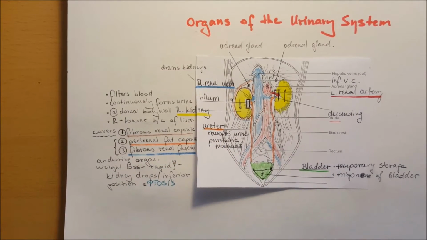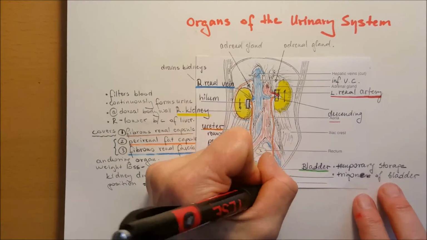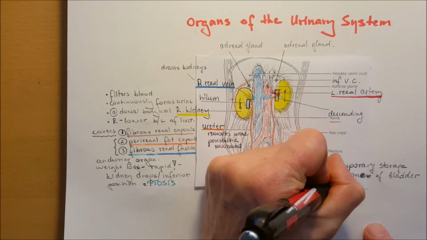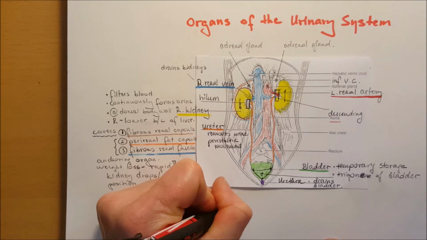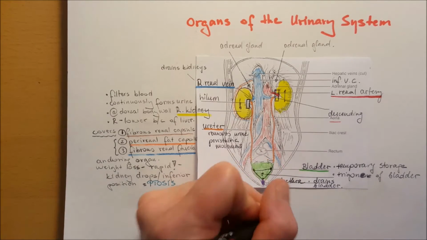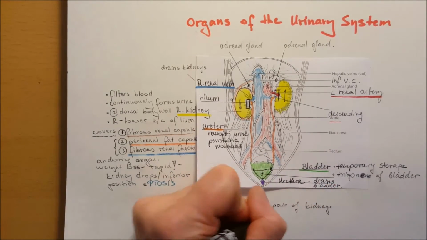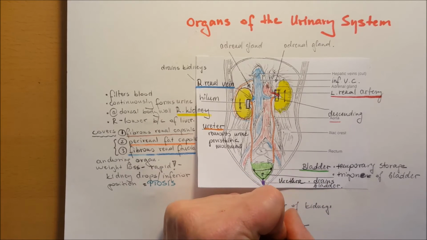If you connect the openings, you will have a triangle. It's called the trigone. Now, the last part of the urinary system is the urethra that drains the bladder. So the organs are one pair of kidneys, two ureters, one from each kidney, one bladder, and one urethra.